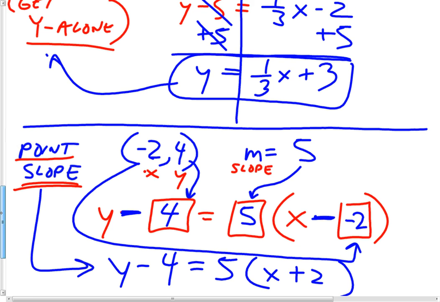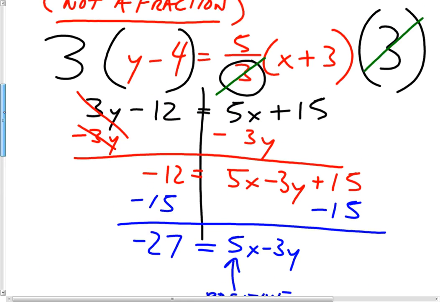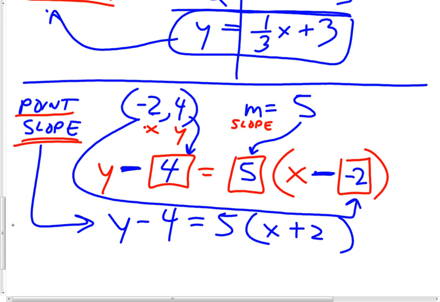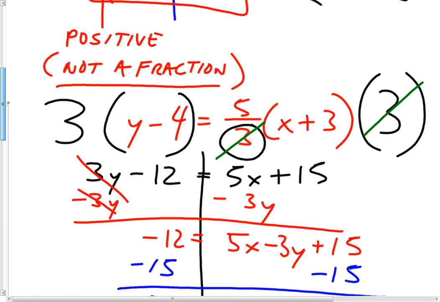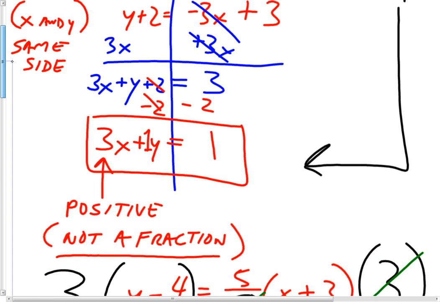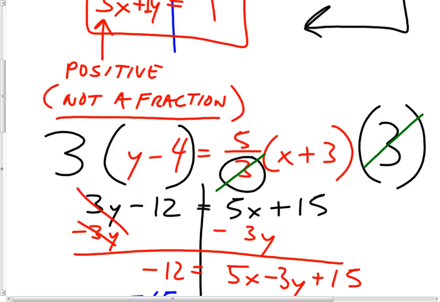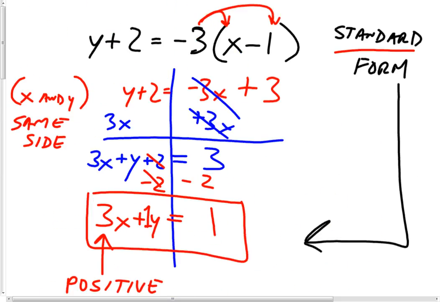Let's backtrack a little bit. If you don't have an equation, try to do point slope. Then you'll at least have an equation. If you have an equation and you want standard form, that means that you want x and y on the same side.